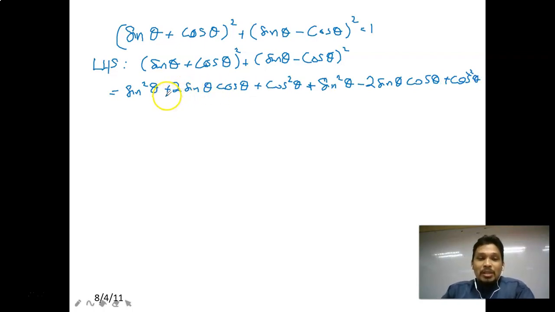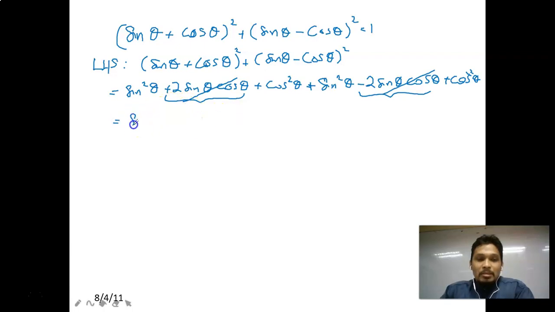Look at this now: 2 sine theta cos theta and negative 2 sine theta cos theta cancel each other.